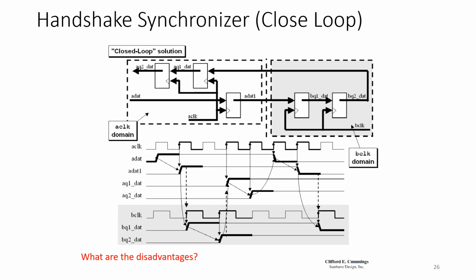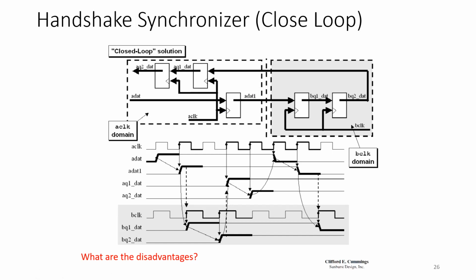So if the data changes, no problem. Here data is changing according to A clock. So A data 1 is going low, and the cycle repeats for going low. You can see here it triggers off of two separate clocks. Yes, I received my data at the end.